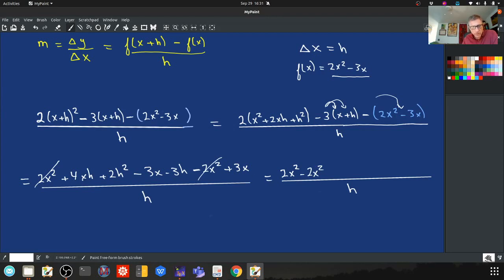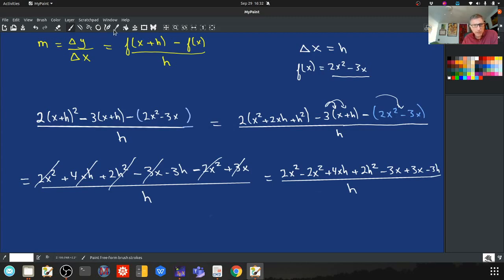The next term is the plus 4xh. Are there any other xh terms? No, that's the only one. Then we go in turn. 2h squared. Are there any h squared terms? Nope. Then minus 3x. Are there any other 3x terms? There is, a plus 3x. And finally, minus 3h.